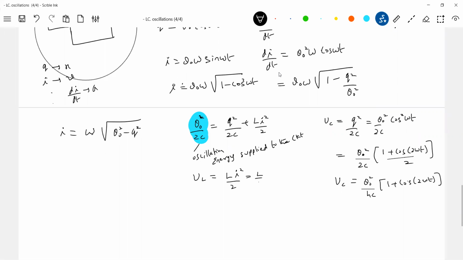So what is the value of I? I is equal to Q naught, like what we did in SHM, no? In a similar way we should analyze things here. L omega square.